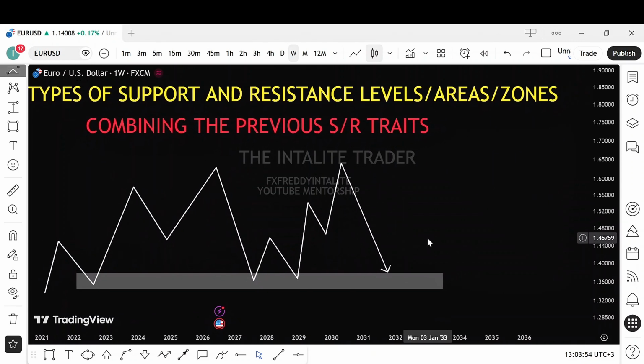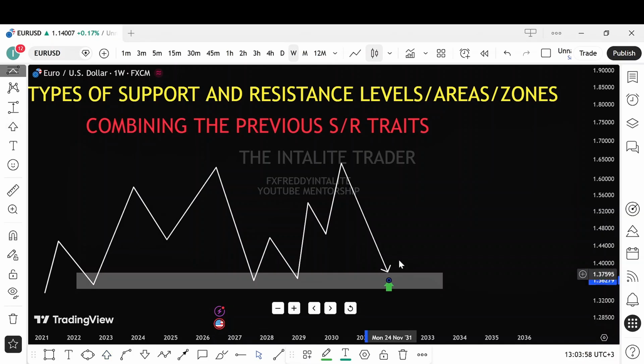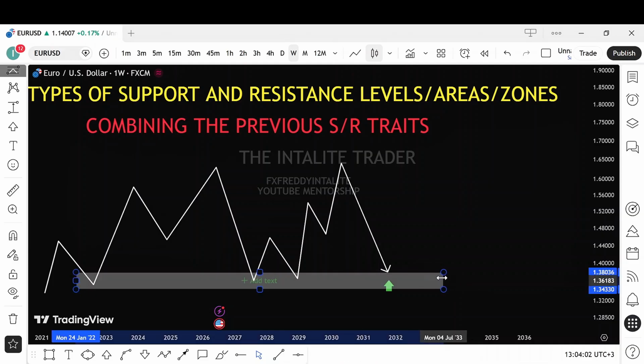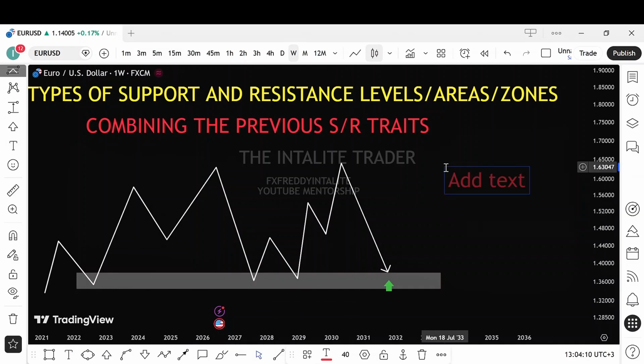First, if you are to analyze this level, if this is where your setup is going to be, if I really want to use this level, then I will realize that there are some quality traits this level has. One, you can say that it is the extreme swing low.